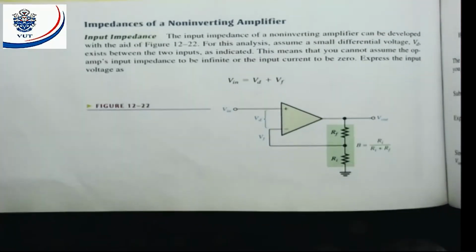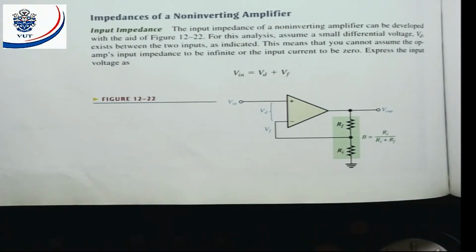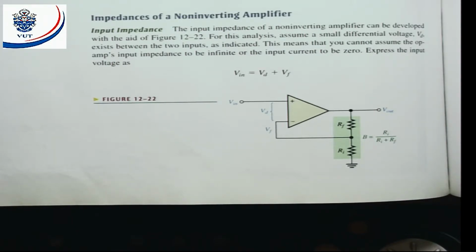Now we're going to look at the non-inverting amplifier. That means in this case, my input and my output are going to be in phase. We're again going to do it very practical.